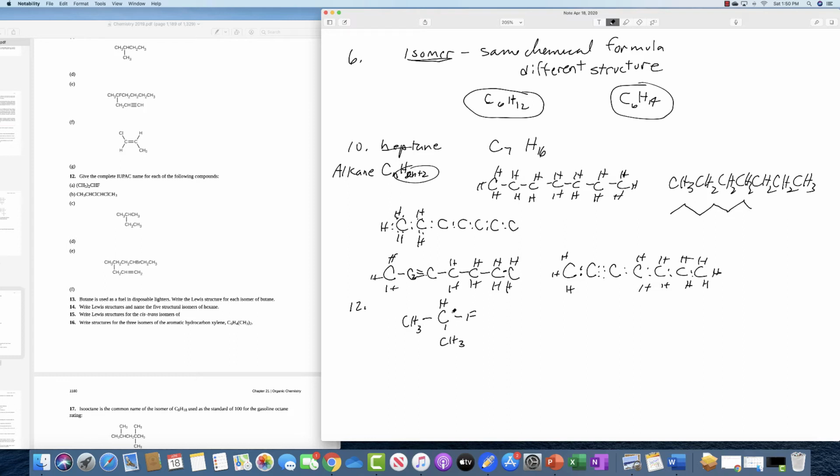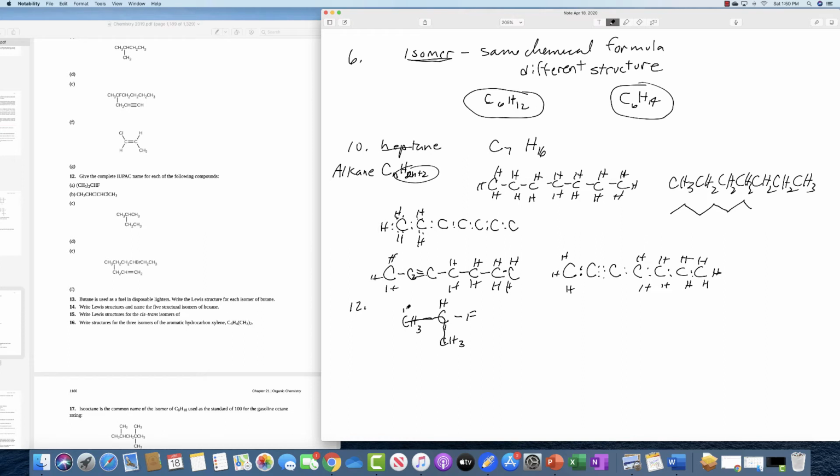And the longest chain is, you put your pencil down, how many carbons can you cover without lifting your pencil or retracing your steps? So in this case, I was able to draw through all 3 of these carbons without lifting my pencil or retracing my steps.